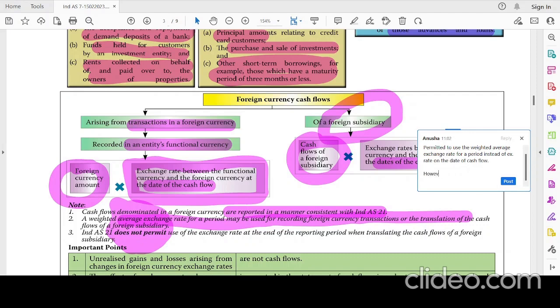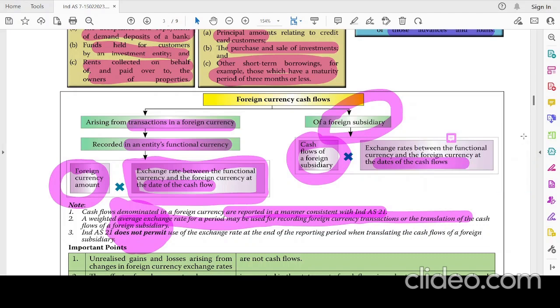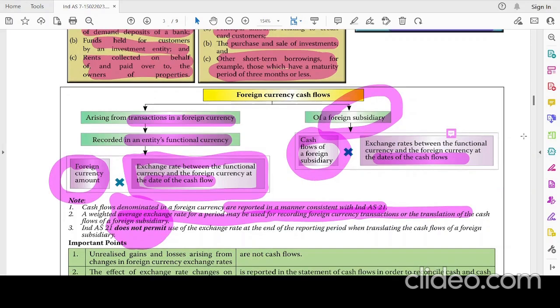However, I am not permitted to use the closing rate, that is the exchange rate at the end of the reporting period, for conversion of the subsidiary's cash flow. I hope this is very clear. Do not apply blindly and do the conversion at the closing rate; that should not be done. That's an important point.